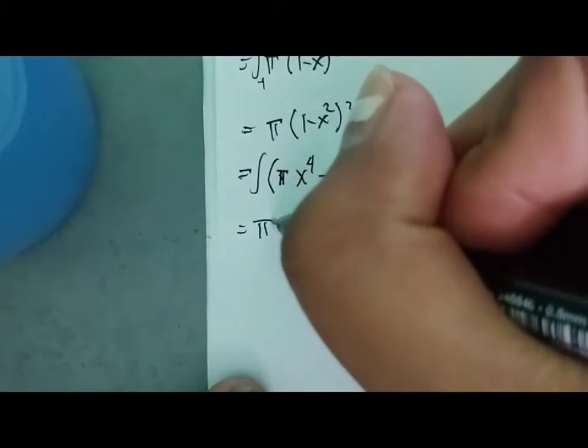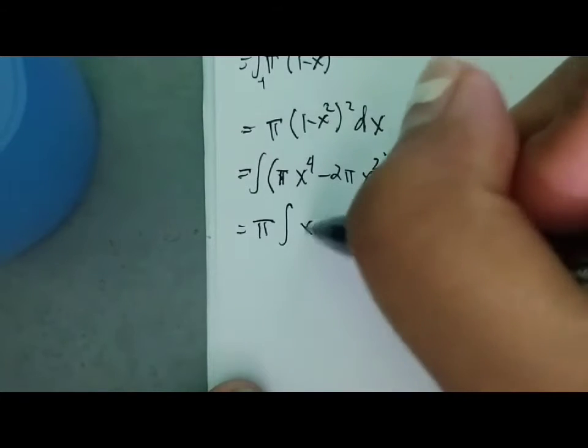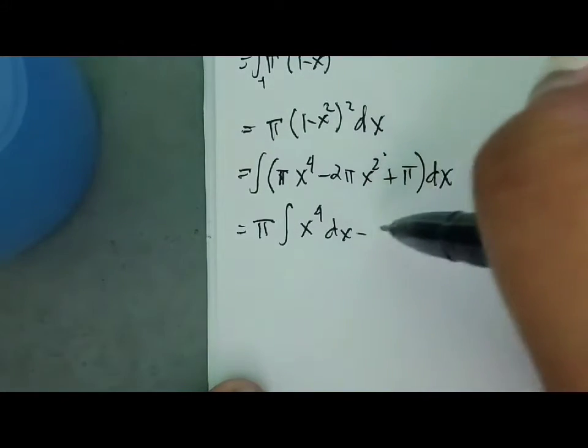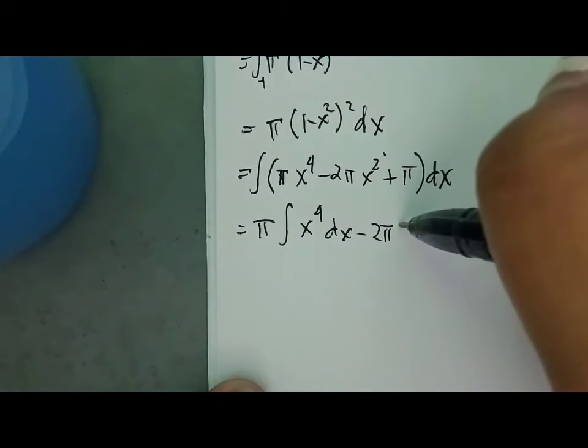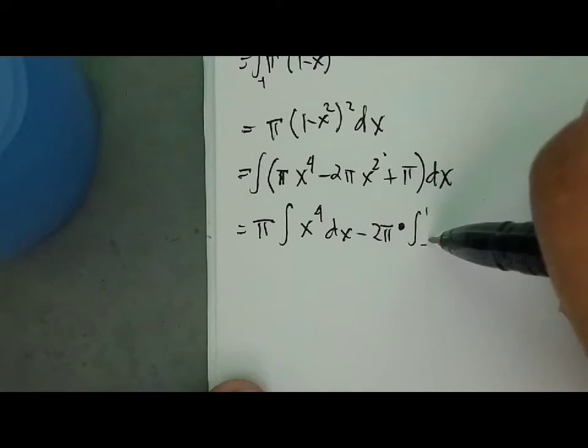Let us apply linearity so it becomes pi integral of x to the fourth dx minus 2 pi multiplied by integral x squared dx plus pi integral 1 dx.